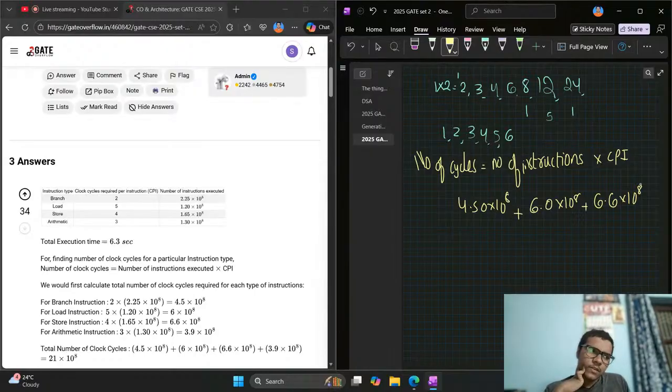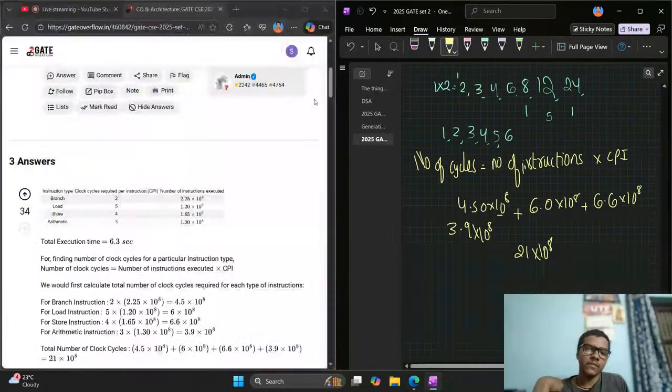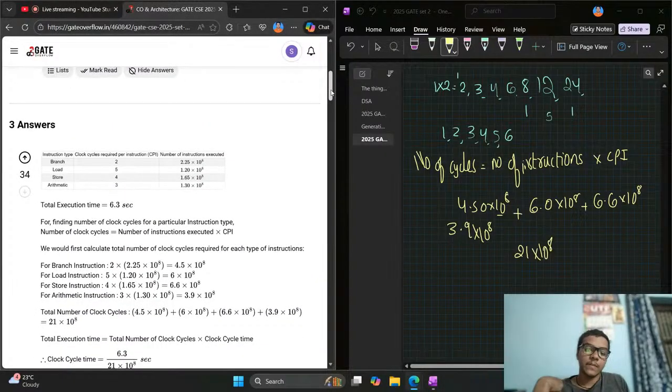Since the powers are the same, these are the total number of executions. 4.5 plus 6 is 10.5, plus 6.6 is 17.1, then 21 into 10 power 8. Total number of executions. Yeah, the math is checking out.